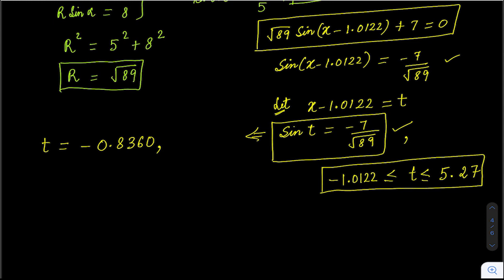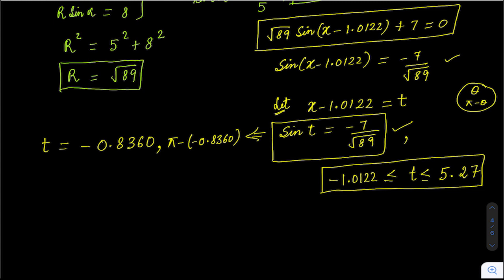For the next value we find for sine, we know theta and pi minus theta give the same sine. We discussed this also. So one answer is this, and the next answer is pi minus this value, so pi minus of minus 0.8360. The next values we find by adding 2 pi, but there is no point in adding 2 pi, because if we add 2 pi in this, then it will be greater than 5.27.